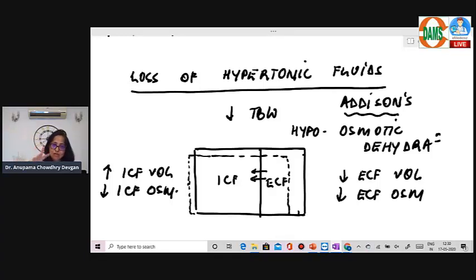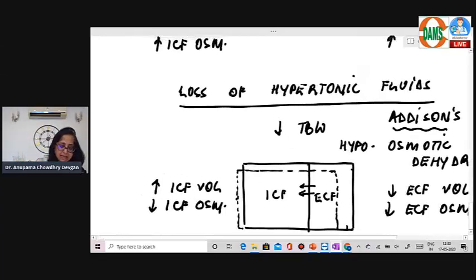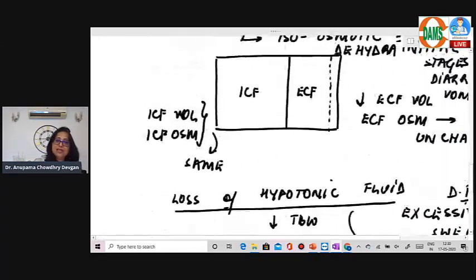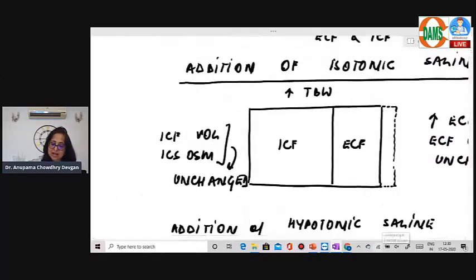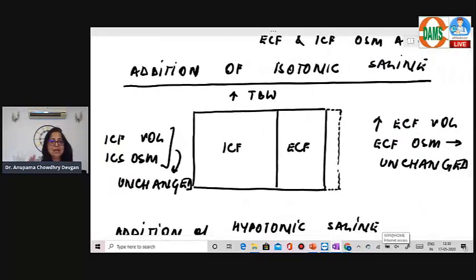Right? So if you're looking at addition of water, it depends upon what sort of a fluid is added. If it is addition of isotonic fluids, there is increase in total body water with no change in osmolarity. So there is increase in only the ECF volume and therefore increase in total body water. The dotted line shows you the change.